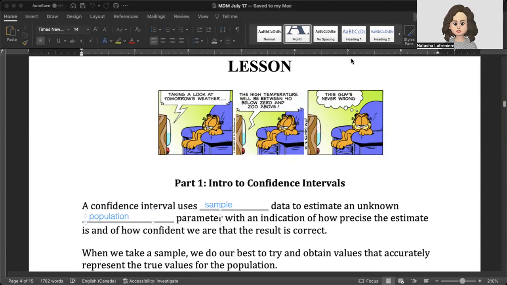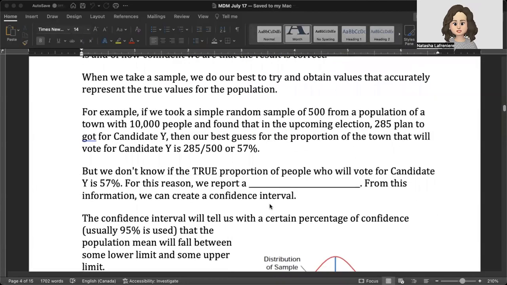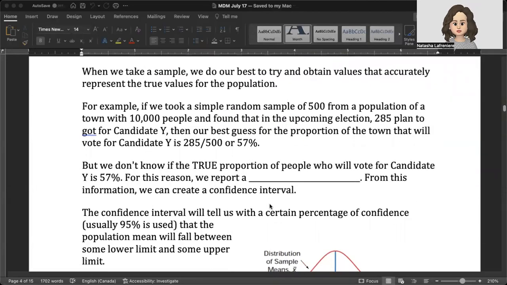So I am going to clear this. When we take a sample, we do our best to try and obtain values that accurately represent the true values for the population.